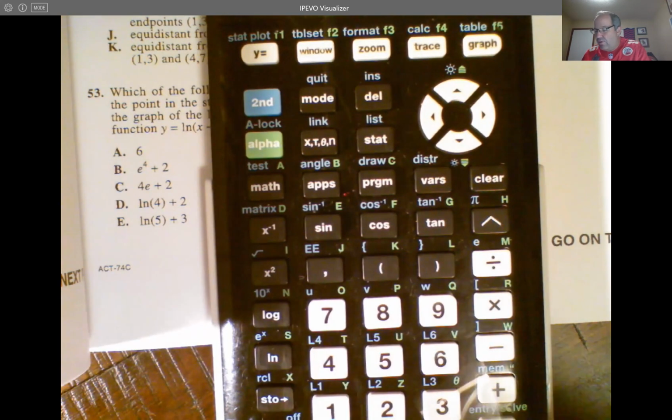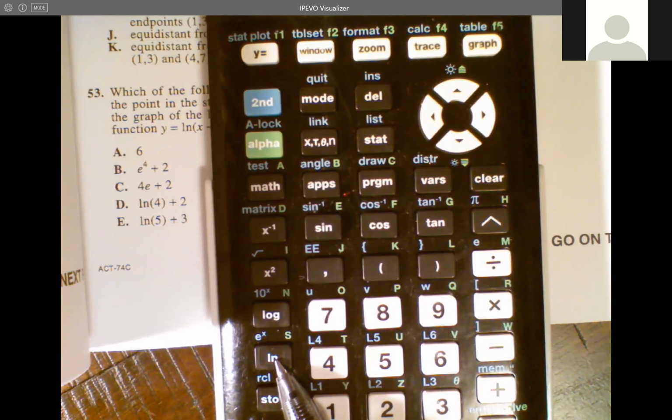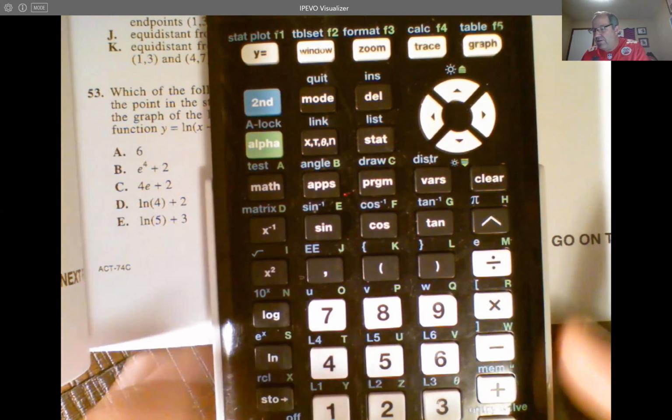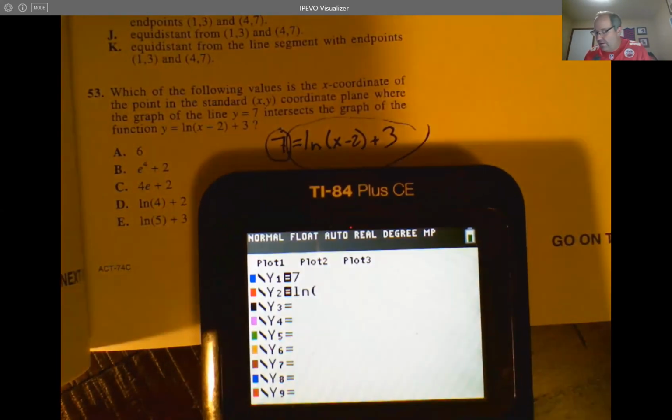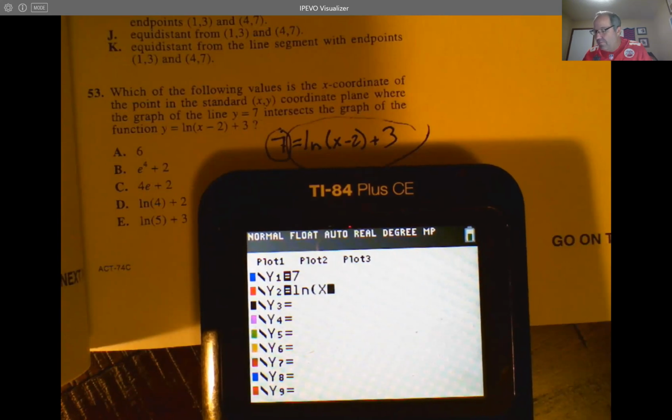The natural log is located right by the 4. Okay, you see that natural log? So I press it, and I get natural log. And then I go x minus 2, close parenthesis, plus 3. Okay. So I'll wait while you type both those in.